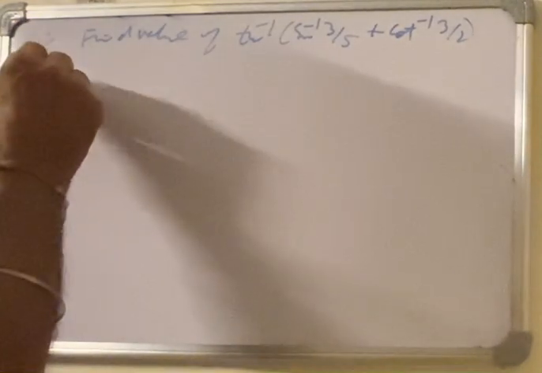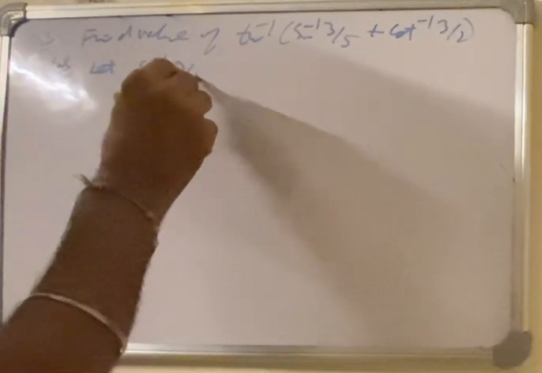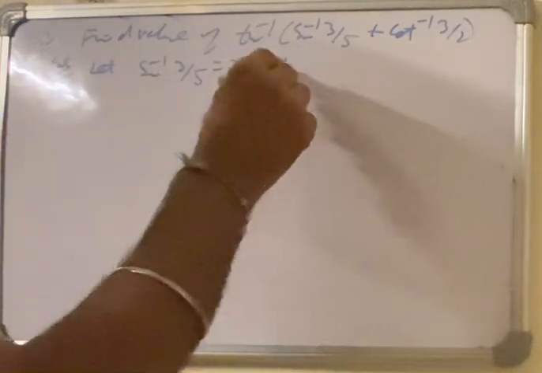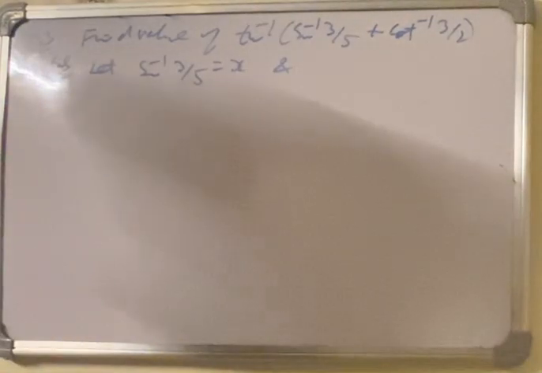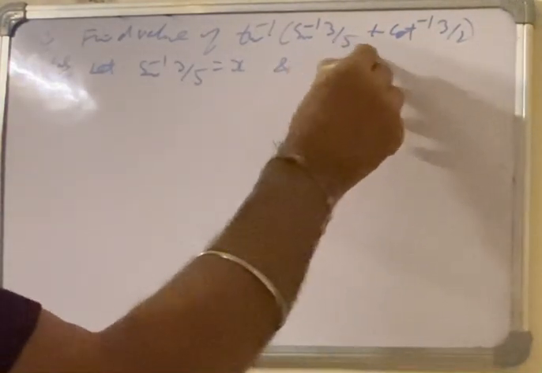Now, solution, let sine inverse 3 over 5 be x and cot inverse 3 over 2 be y.